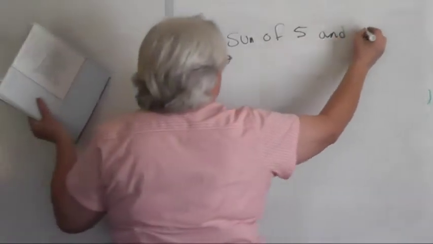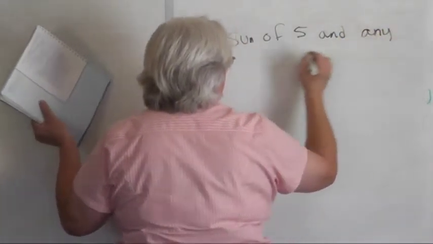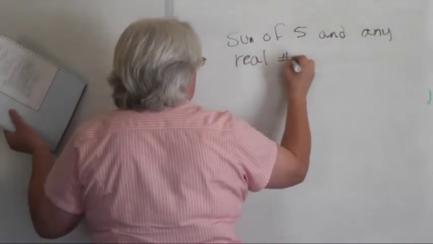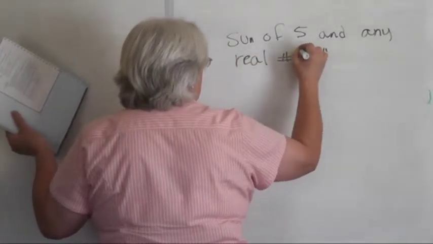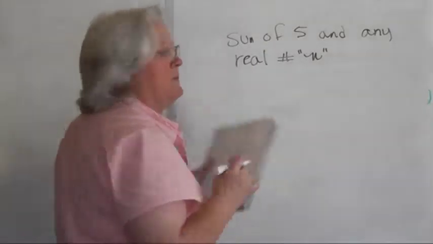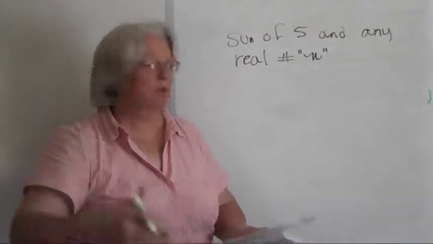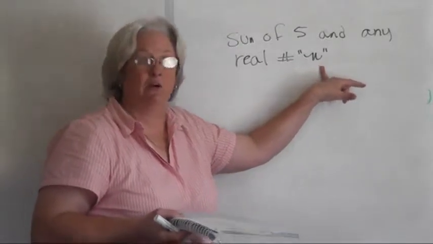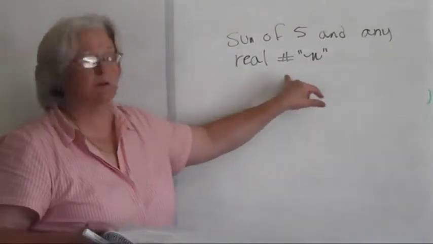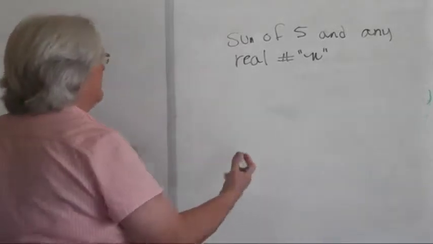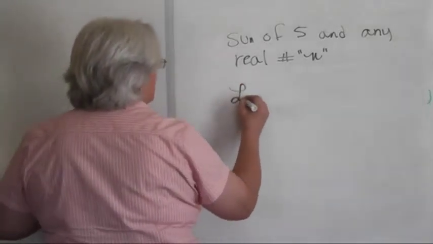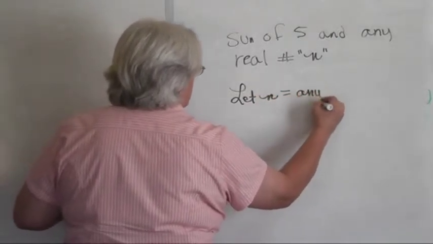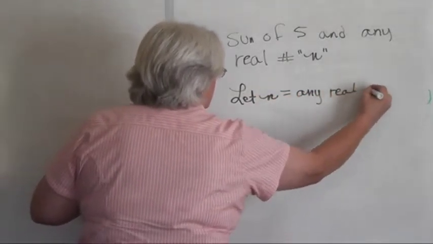First thing, even though they're telling us that we're going to use n as the variable, they're telling us that it's going to be a real number. Let's go ahead and write our little definition anyway. Let's say let n equal any real number.